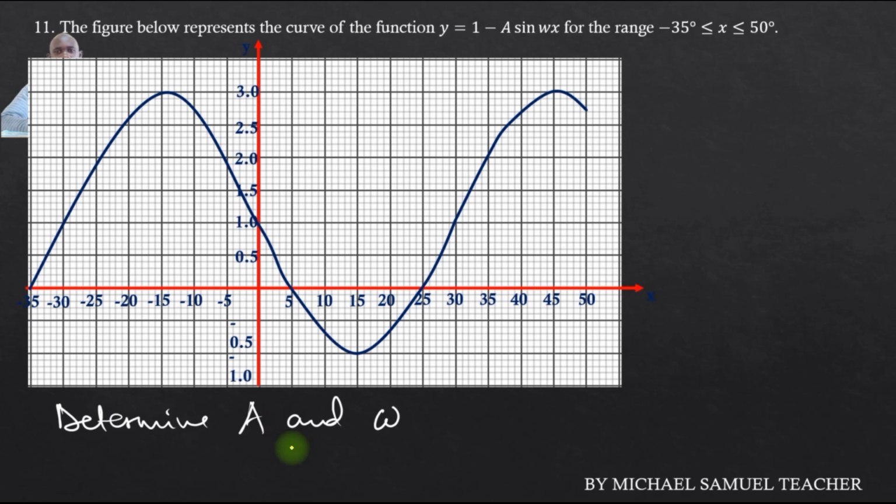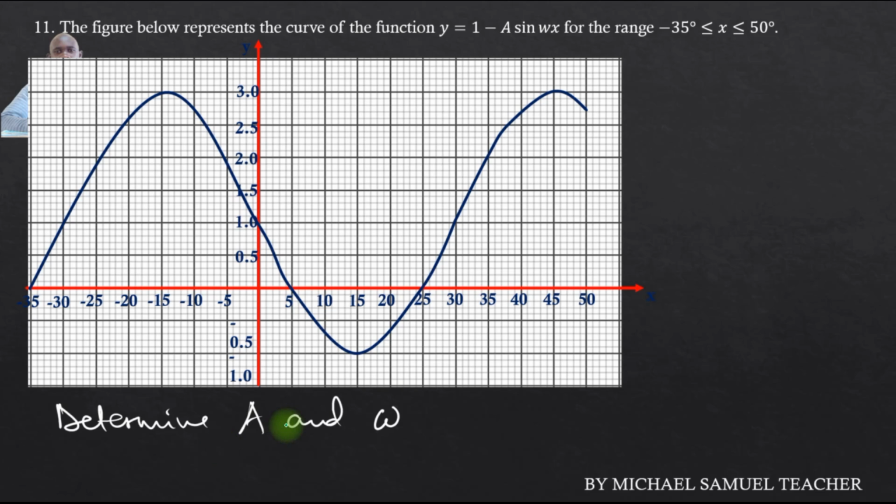Remember, you write the wave equation. So a is the amplitude, and amplitude is the distance from the mean position. So from our case here, if you see this curve, the maximum point is 3, y is 3.